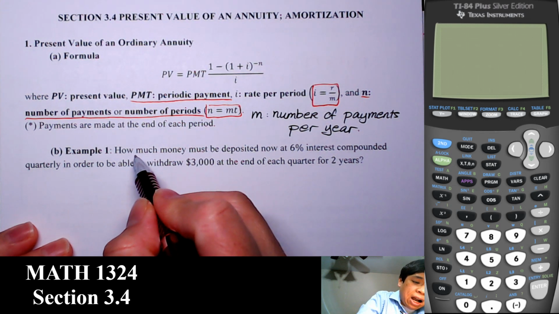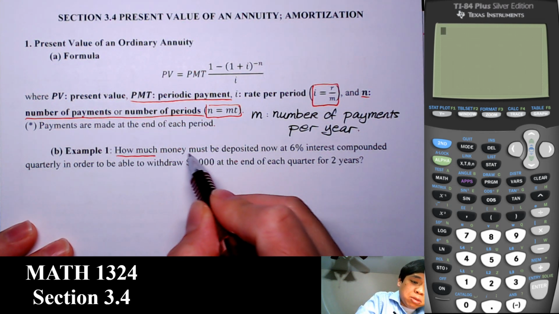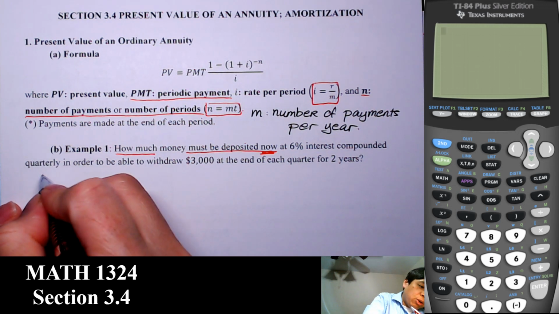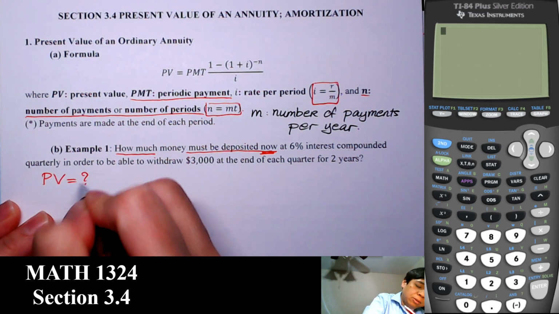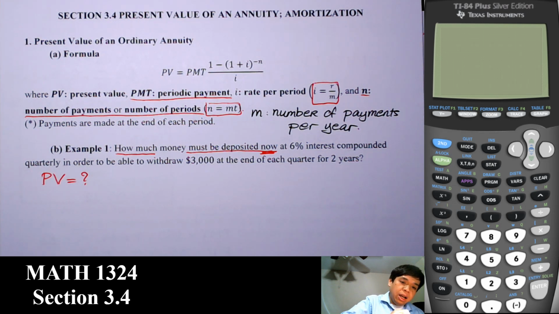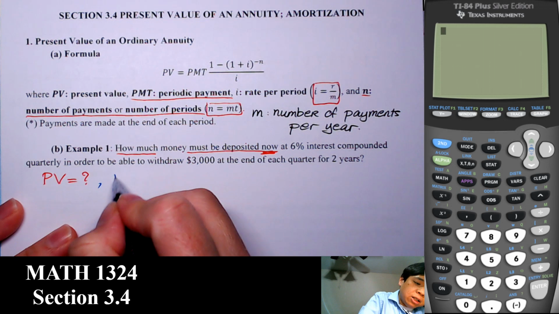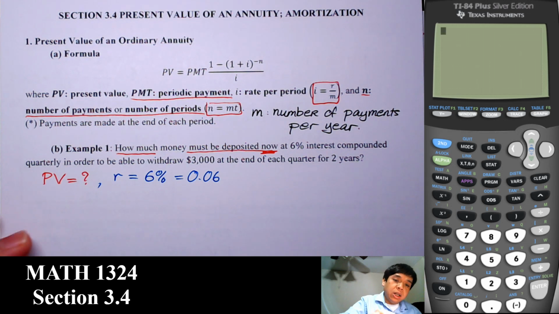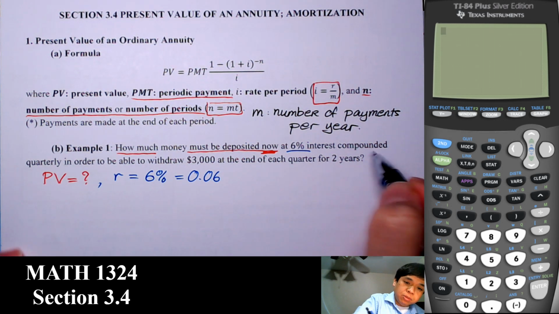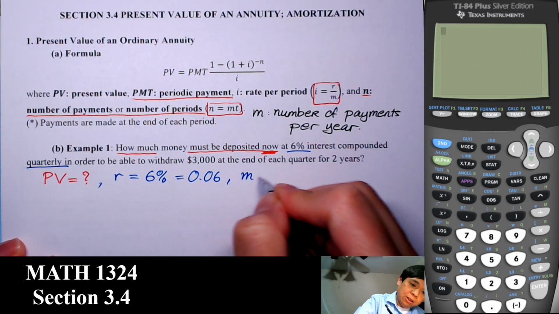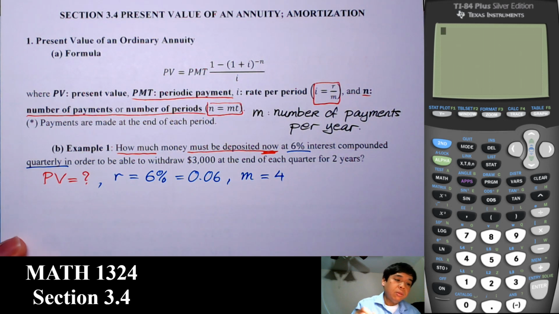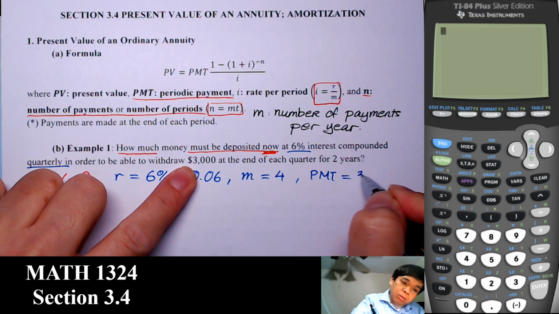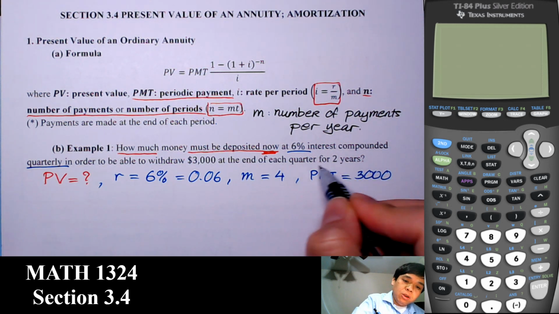We said how much, so that amount must be deposited now, so you know that has to be the present value. 6% interest compounded quarterly, so in that case we ask for the present value. The interest rate is 0.06, quarterly, in order to withdraw this payment that we'll have for 2 years.